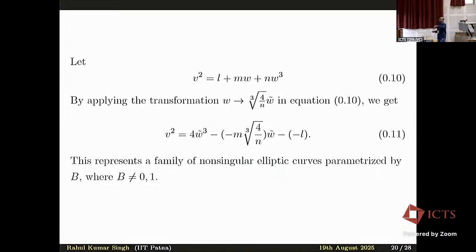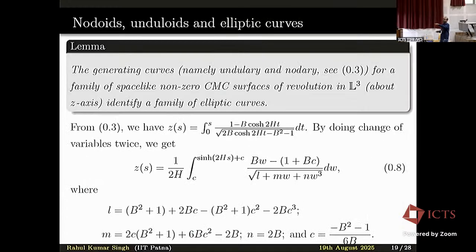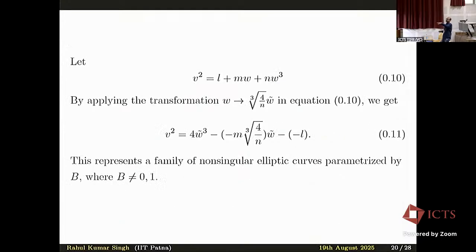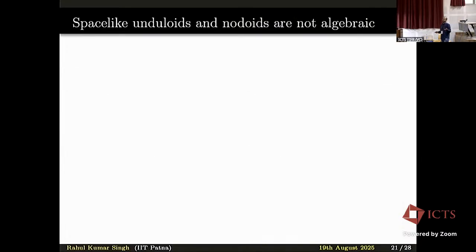And this family is parameterized by B. You can see everywhere there's a B. Even C depends on B. So this is a family of non-singular elliptic curves. Of course, this is for V not 0 and 1, because for 0 and 1, those integrals you can easily integrate, and there is a cylinder and the sphere.